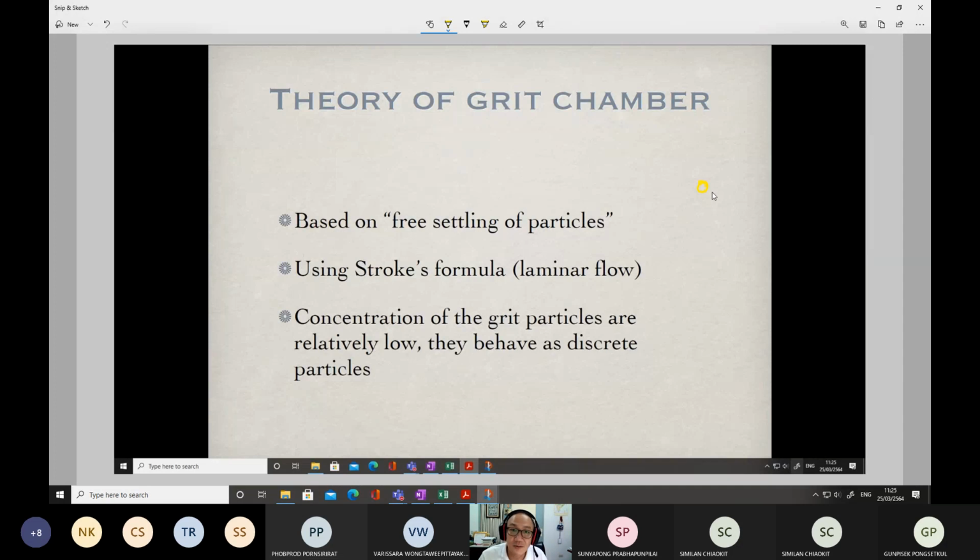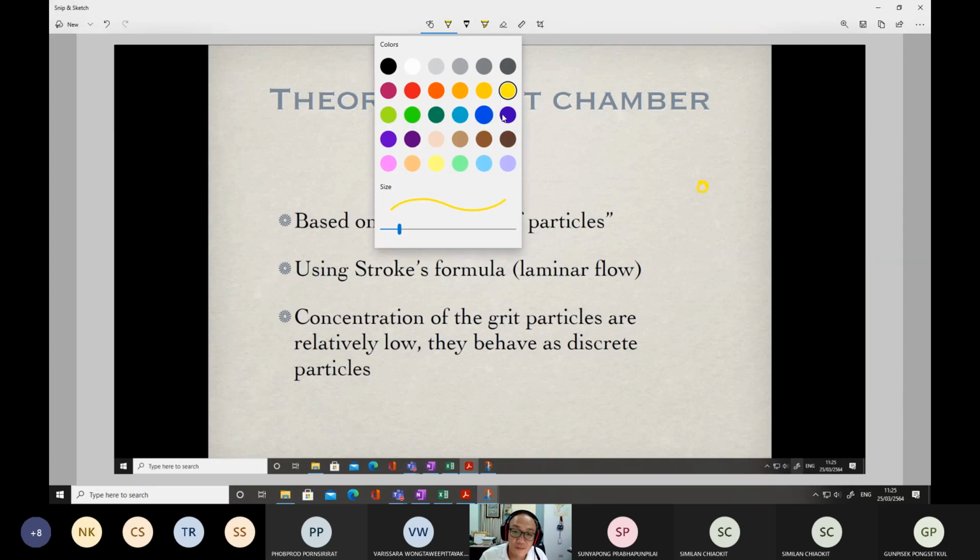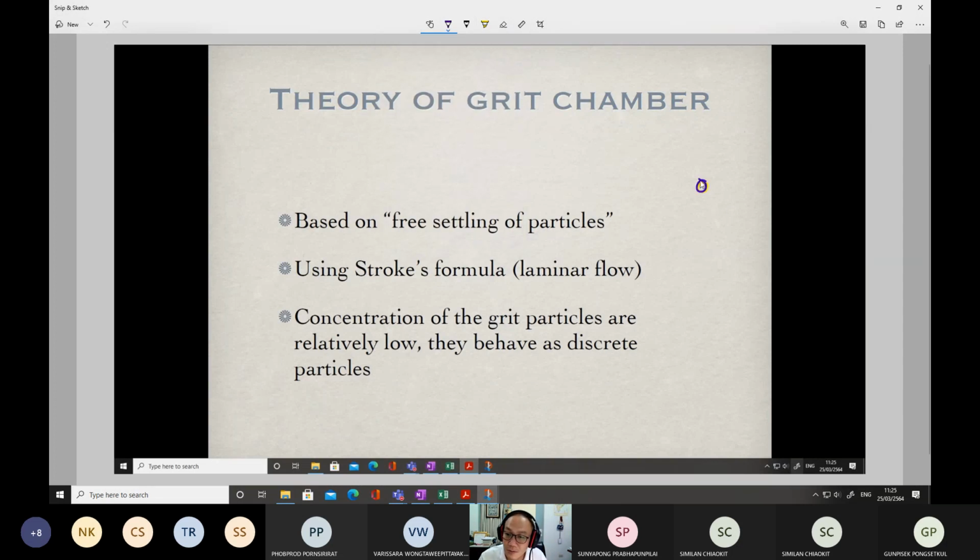Sedimentation of these particles to the bottom of the chamber is never influenced by other particles. So each particle settles separately under the free settling condition, and they behave as discrete particles, unlike floc particles.